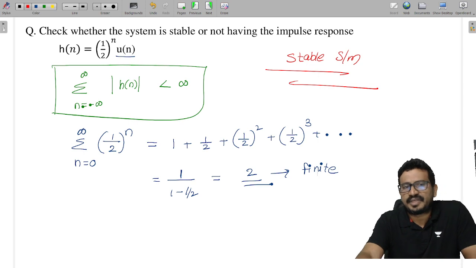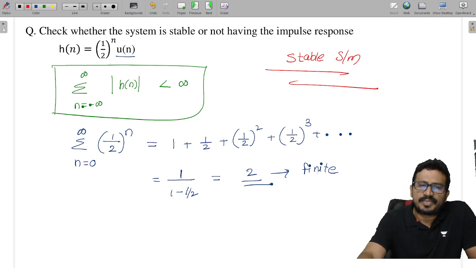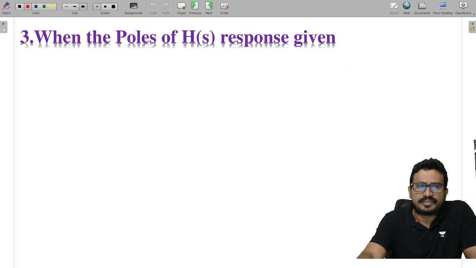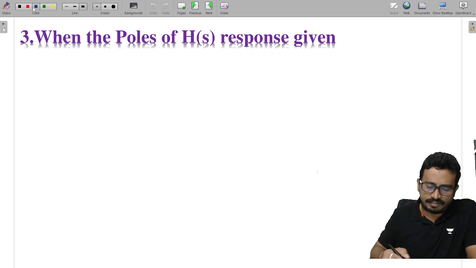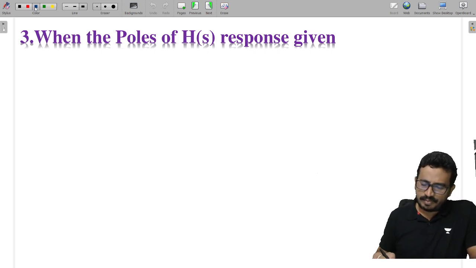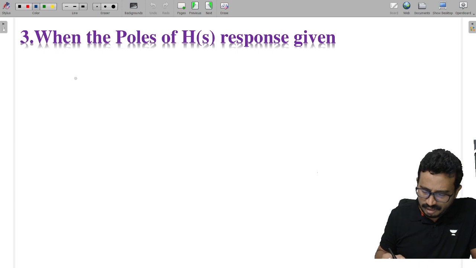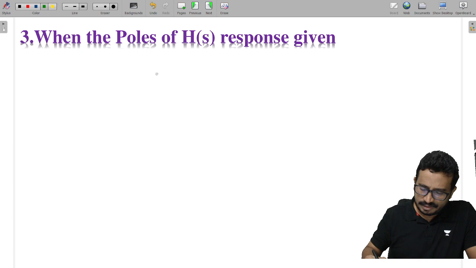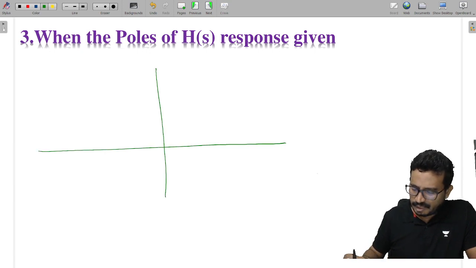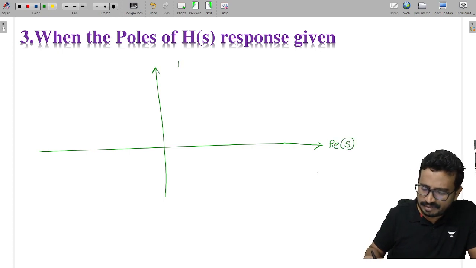In this manner, we analyze if the impulse response is known. Now let us see if the poles of a system are given. In this case, this is my S plane, with the real part of S and the imaginary part of S. This is the origin.